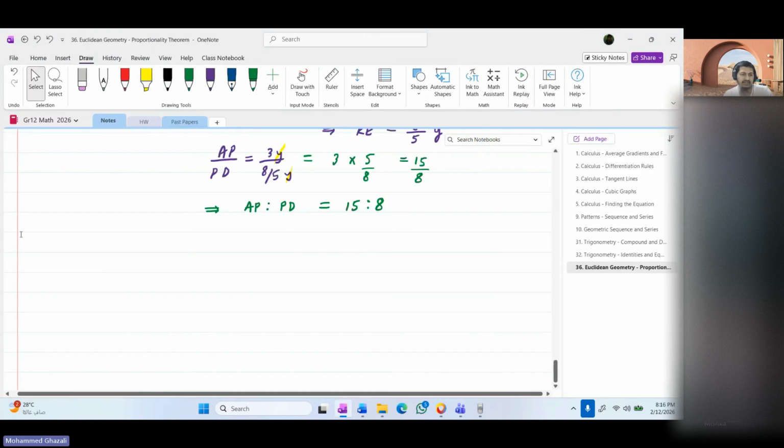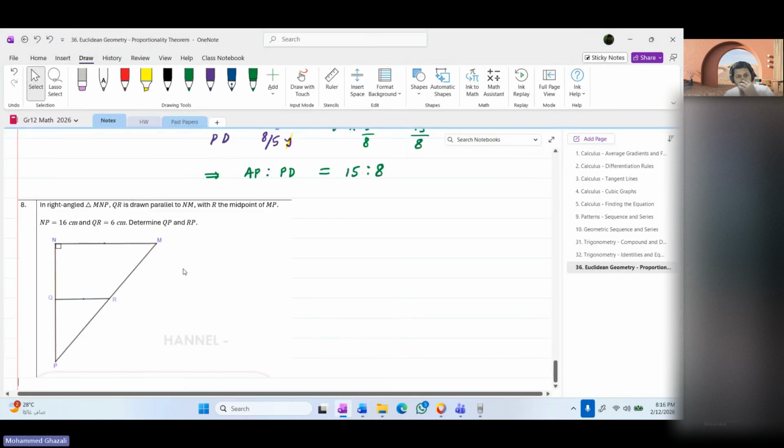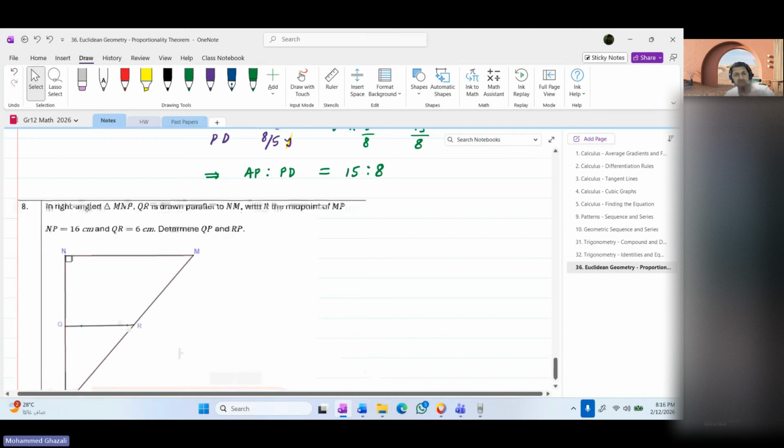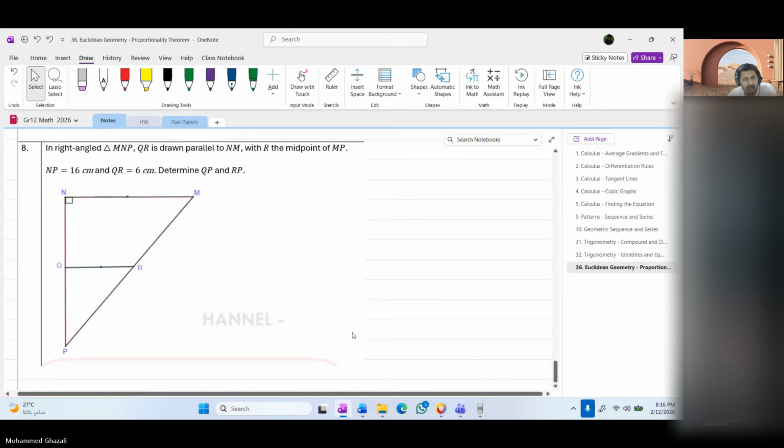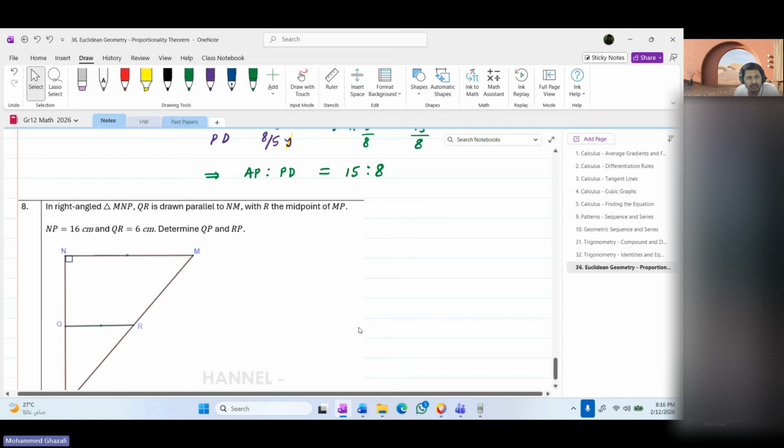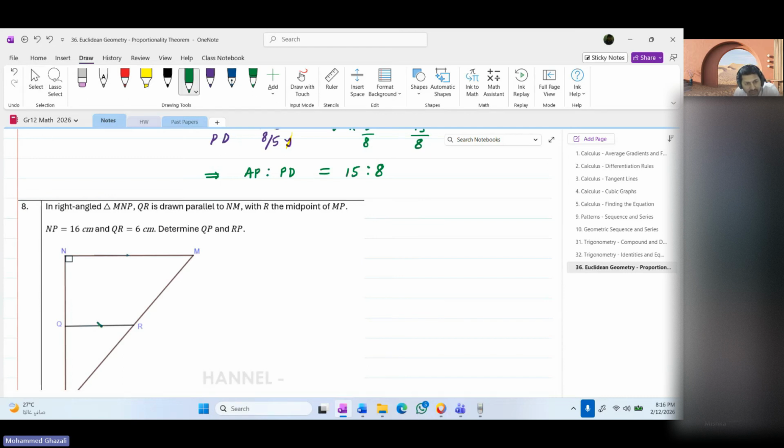Right, there are simple diagrams, there are difficult diagrams. All right, it's all about how you think. Now, watch here. In right triangle MNP, QR is drawn parallel to NM. So I don't think you can see the parallel lines. Let me draw it bigger. QR is parallel to NM with R the midpoint.